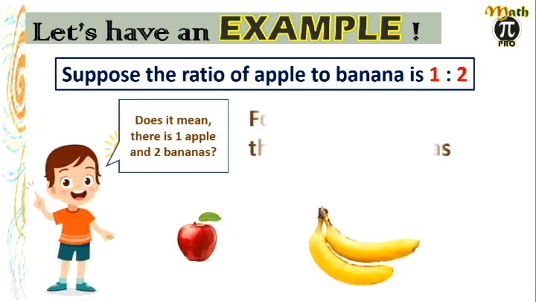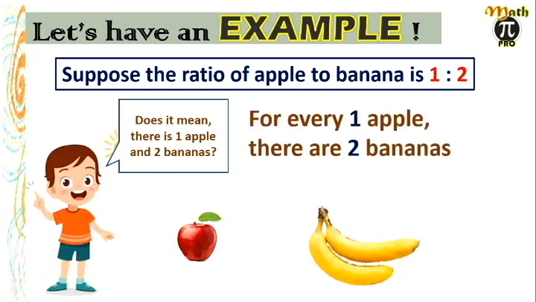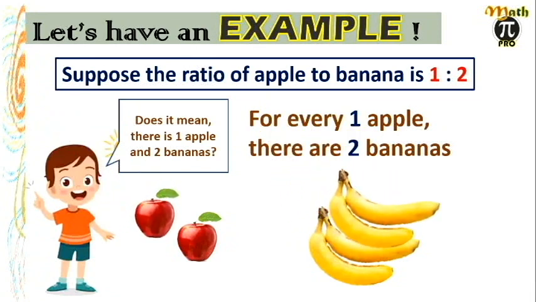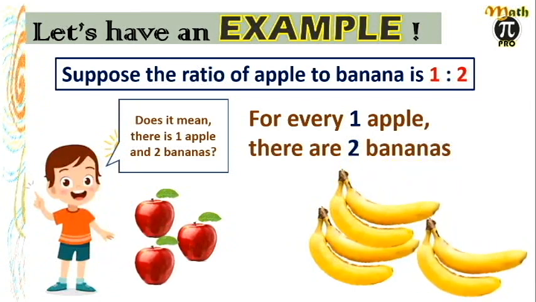The ratio 1:2 tells us that for every one apple, there are two bananas, which means when we add one more apple, we have to add two more bananas. And if there are three apples, then there will be 6 bananas. We can also say that the ratio of apples to bananas is 3:6.